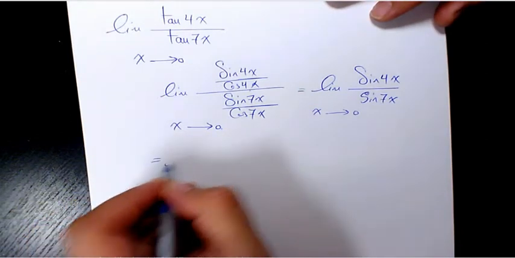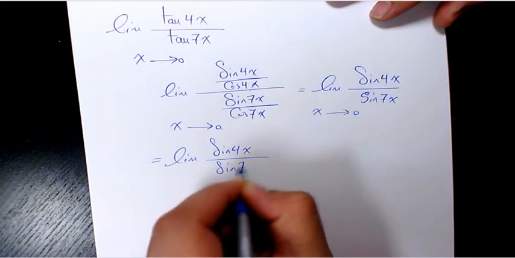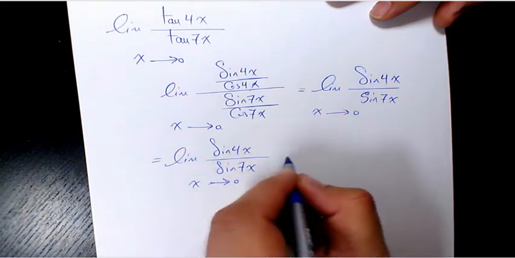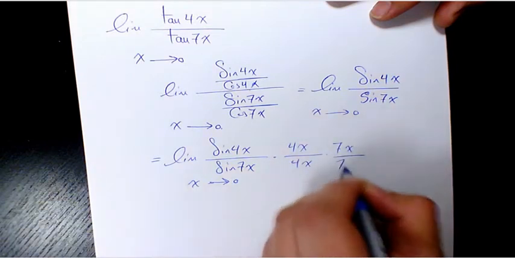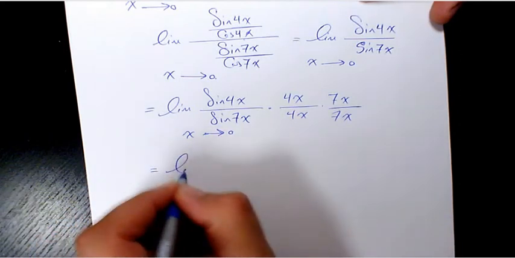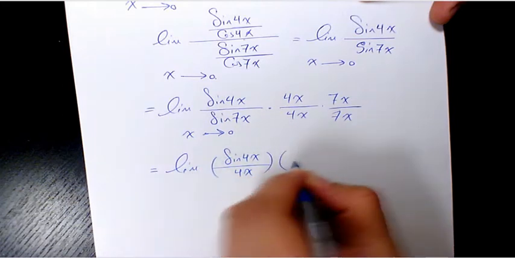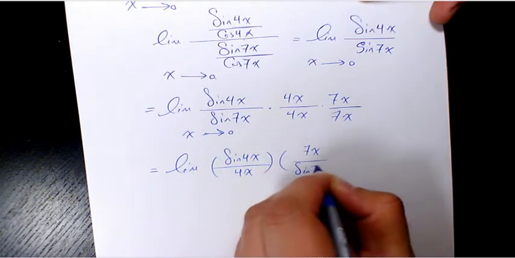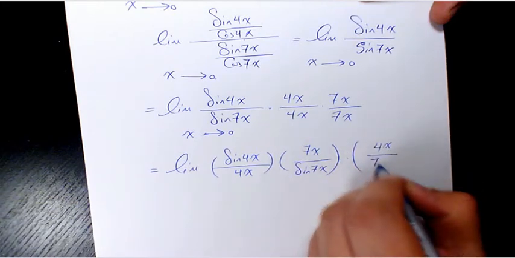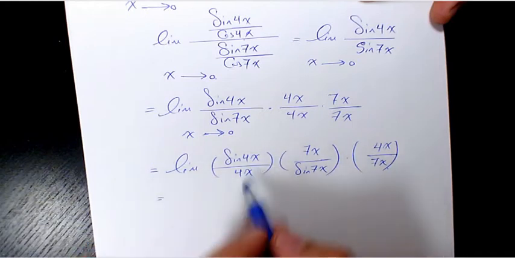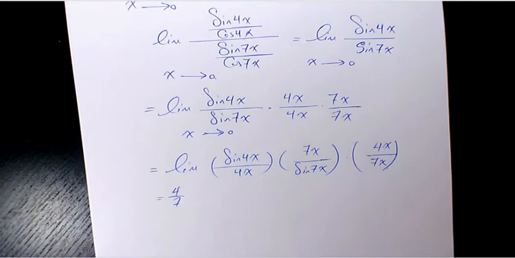Then what we need to do, we're going to multiply both numerator and denominator by 4x and also 7x. That is going to change it to sine 4x over 4x, 7x over sine 7x, and we have 4x over 7x, which is going to make it 1, 1, and 4 over 7.